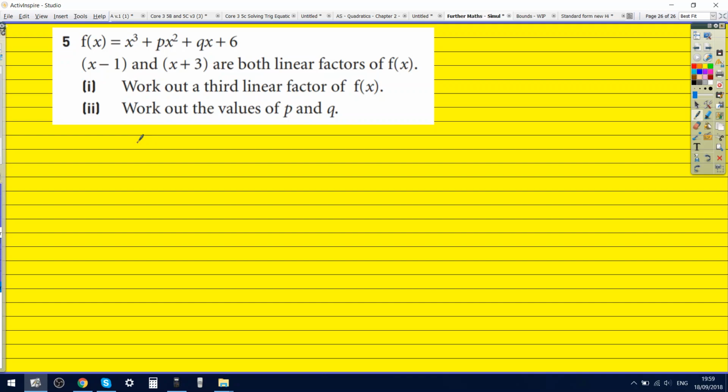P and Q. We know that x minus 1 and x plus 3 are factors, so the f of x is x minus 1, then x plus 3.